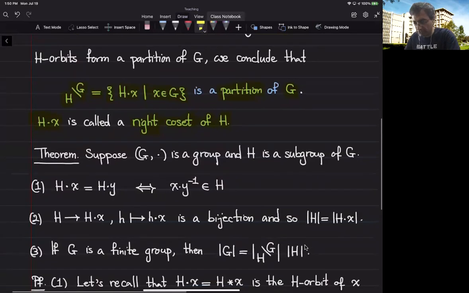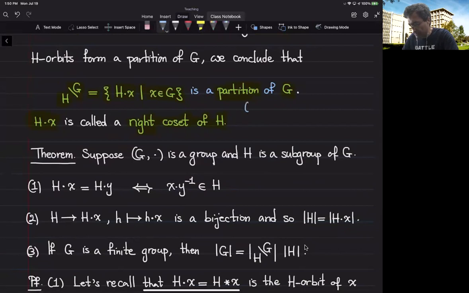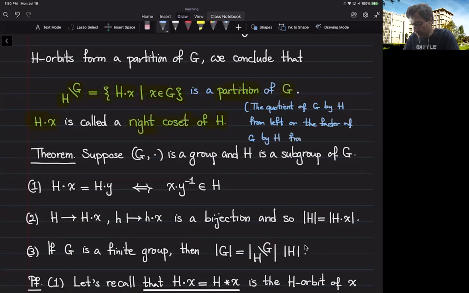So, we call this set either the quotient of G by H from left, or the factor of G by H from left. It is simply the set of all the right H cosets.